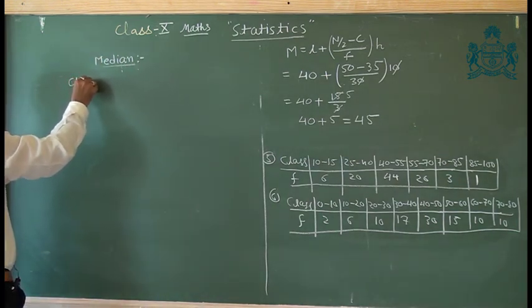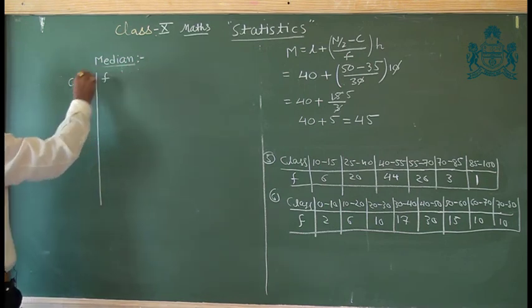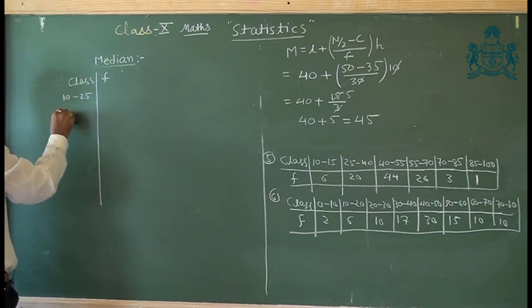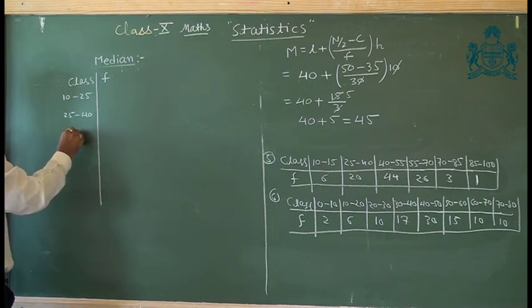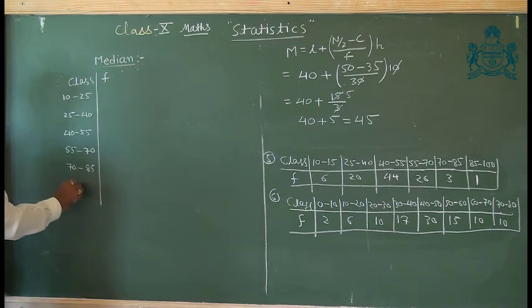Class and frequency. 10 to 25, 25 to 40, 40 to 55, 55 to 70, 70 to 85, 85 to 100.